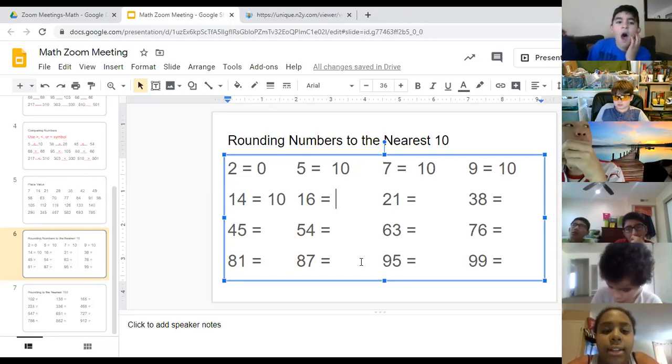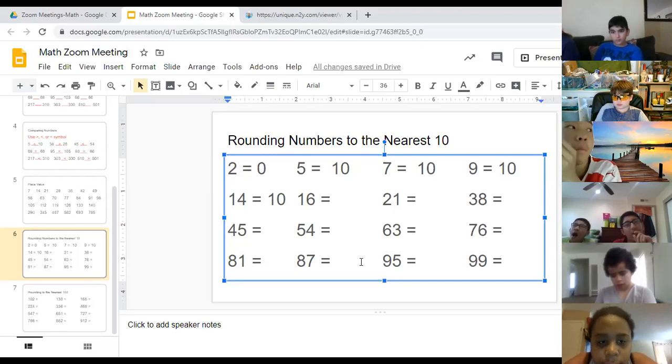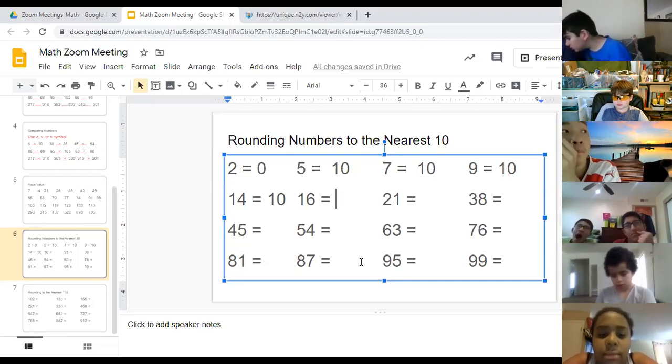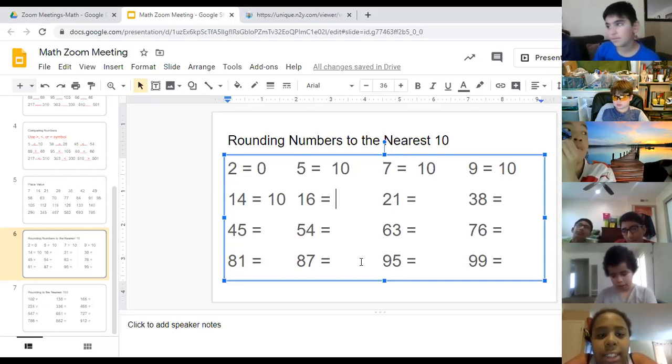So how many units away is 16 to 10? 6, right? Now, let's count how many units away is 16 to 20. 16, 17, 18, 19, 20. So it's only 4 units away to 20.